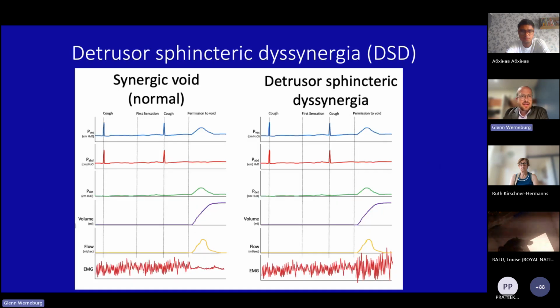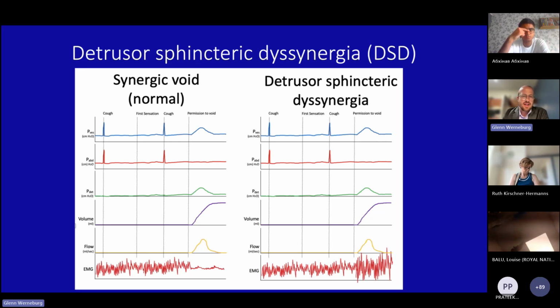Here's another schematic. This demonstrates the normal scenario. Synergistic void, this is on the left of the screen here. You can see the EMG during filling is fairly noisy. This is a schematic of a patch EMG. You can see that this is a noisy pattern during the filling, and then it quiets during voiding. This is normal. So normally that sphincter has tone to it to ensure proper bladder filling.